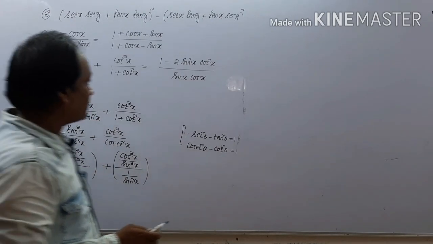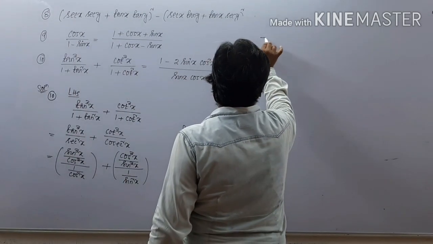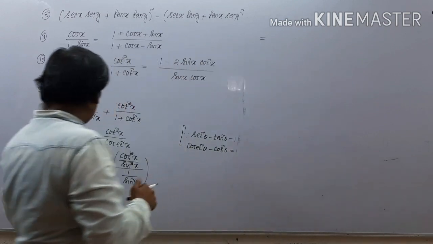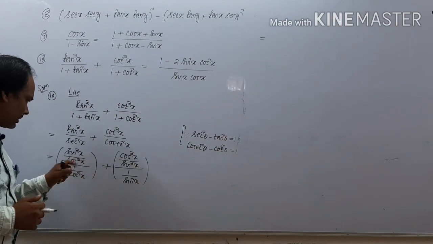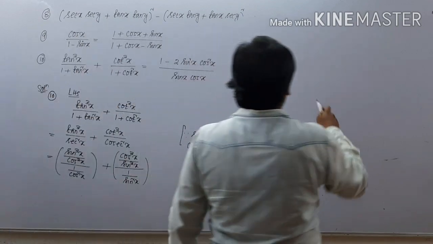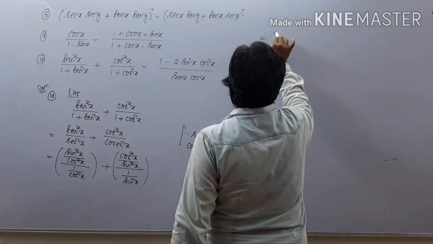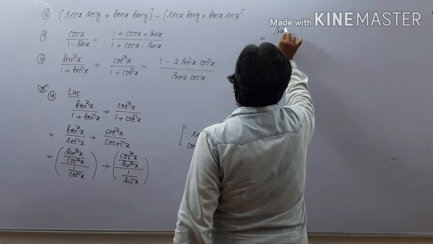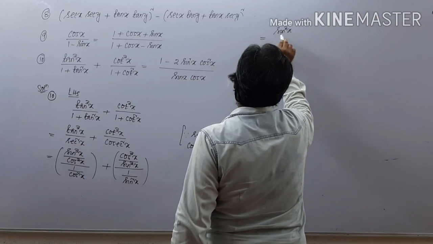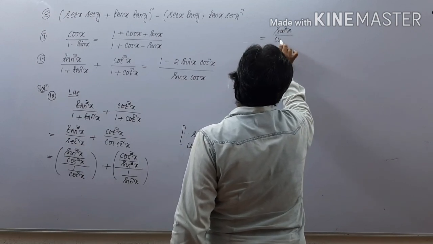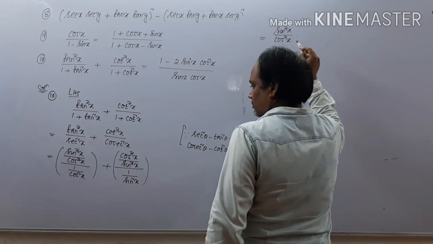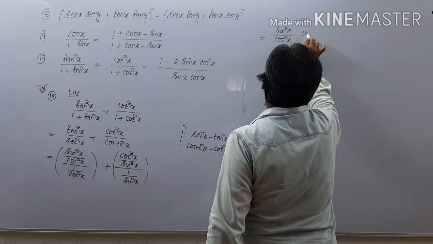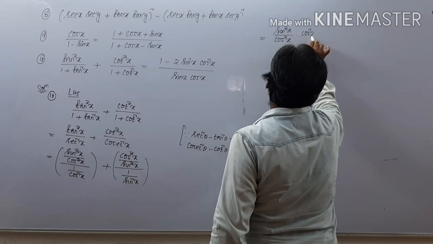So this is equal to, what happens, this cos square will go to the numerator, so clearly here we will cancel this one, so this will become sin cube x divided by cos cube x multiplied by cos square x, right?